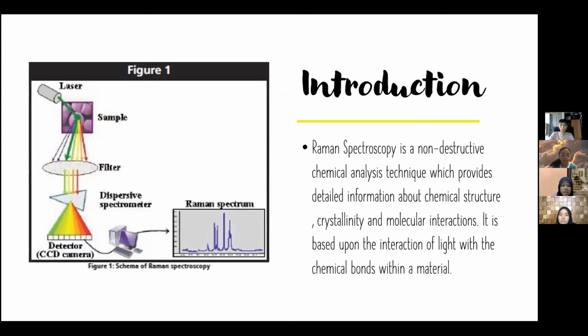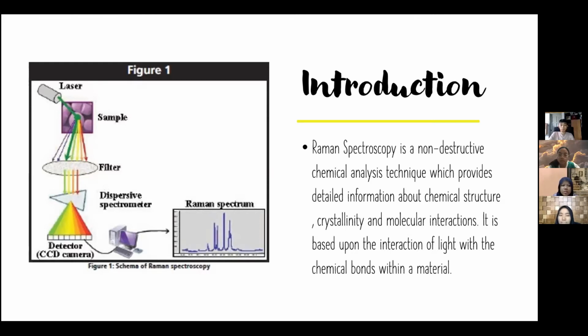It starts with a laser light hitting a sample, for example powder, solution, metal, ceramic, or even a tissue, and the light will be emitted back from the sample and dispersed into multiple colors and goes through the filter. This filter will remove the laser wavelength, and the light goes through the dispersive spectrometer, and lastly reaches the detector and is transmitted into the computer, producing data in the form of a graph. So next slide.